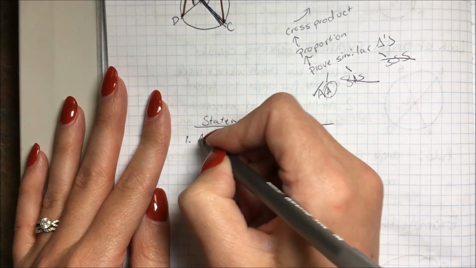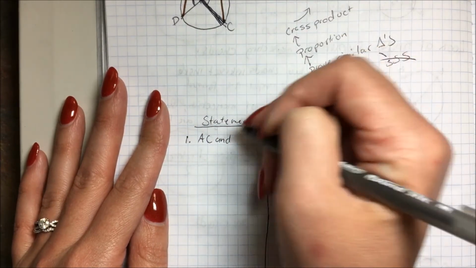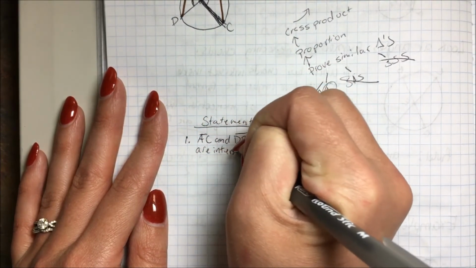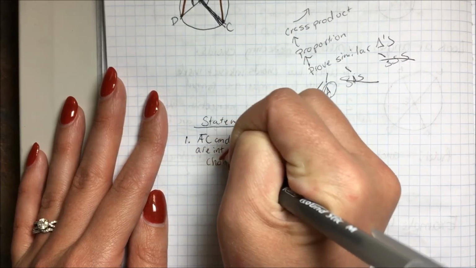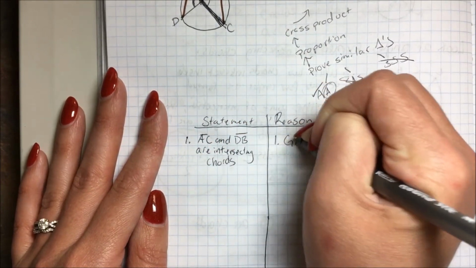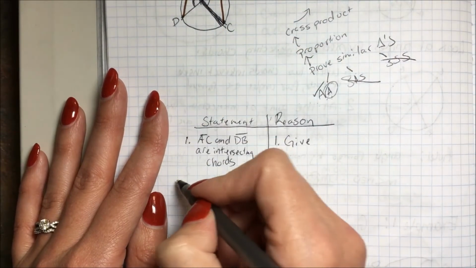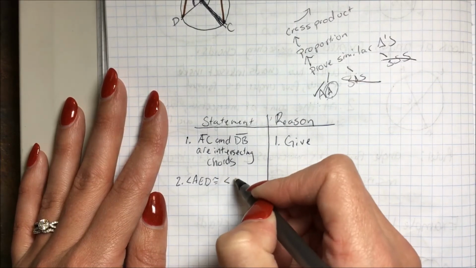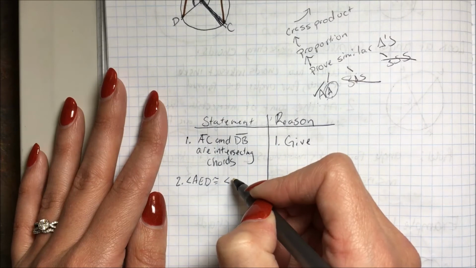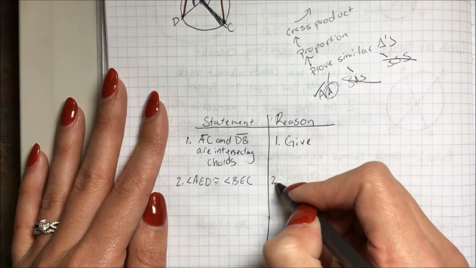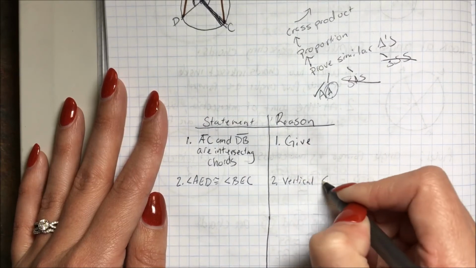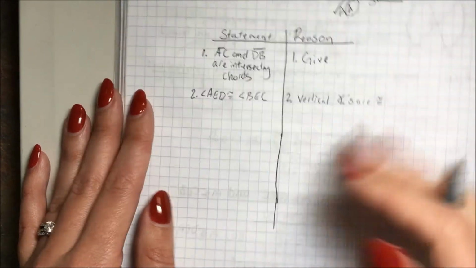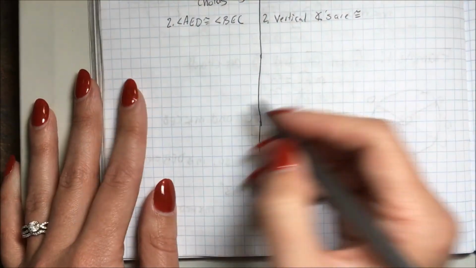So my givens are that AC and DB are intersecting chords. And I knew right off the bat about these vertical angles. Okay, I know that I'm going to end with talking about a cross product.